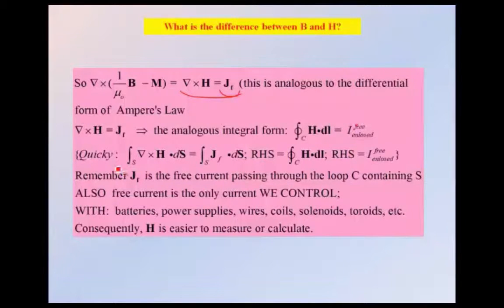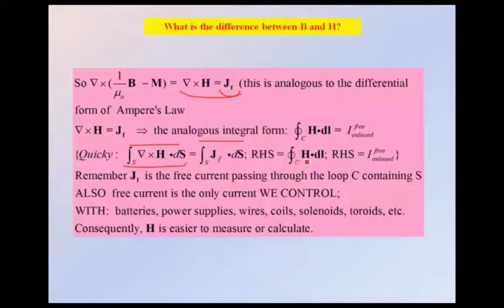The quickie version of that then is you start here with the curl of H, doing the surface integral of this quantity over that surface, changing the curl of H into J sub F. We now have a surface integral of this quantity here, and that's going to be basically looking at the right hand side, which is right here, and this is the left hand side here.